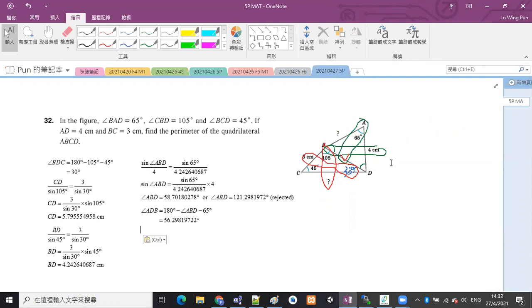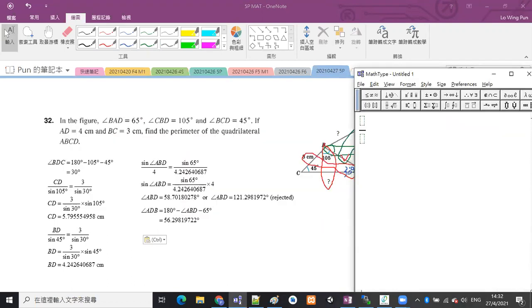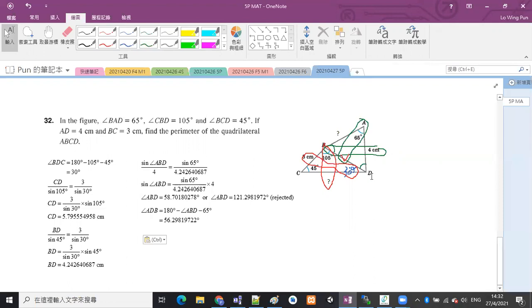So in order to find AB, we use sine formula. AB over sine angle ADB, that is 56.2981972 degrees, is equal to the other pair. Well, actually, any pair will have a number that is found by me, so it may be inaccurate, okay?